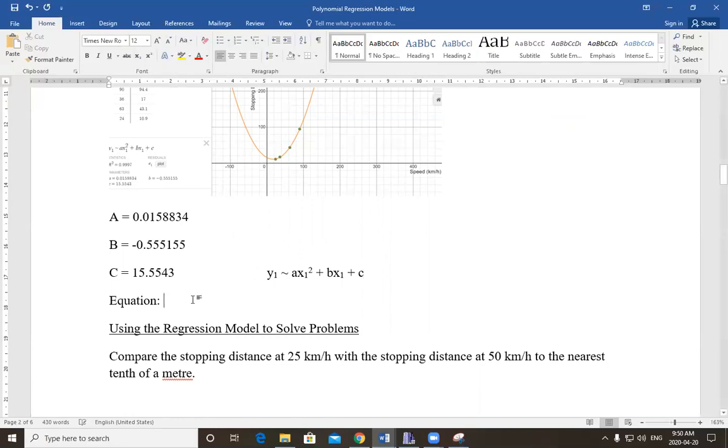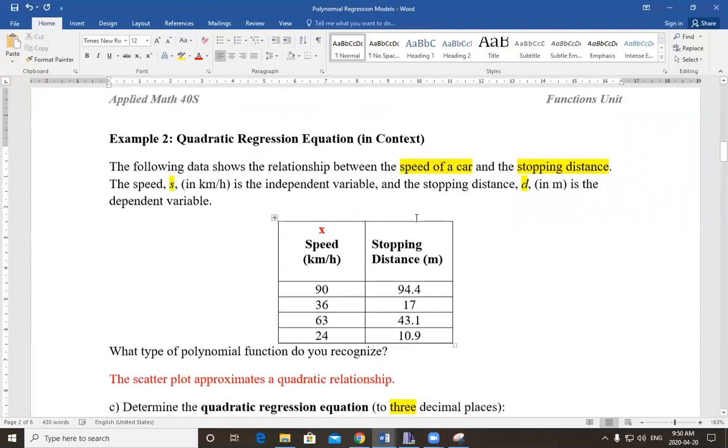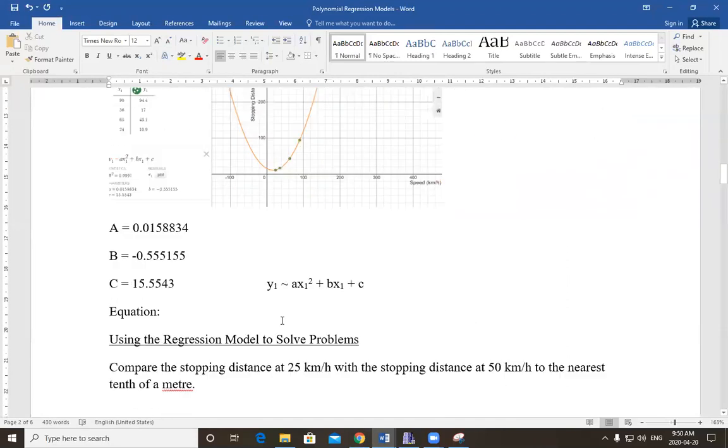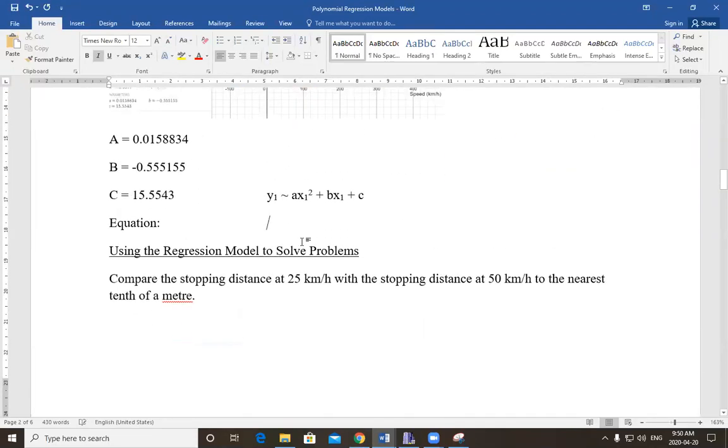So then for our equation, instead of y and x, we have to use our contextual variables. Our y is the dependent variable, which is stopping distance d. So d would equal a. We want 3 decimal places: 1, 2, 3. The 5 is followed by an 8, so 0.016. Okay, that's our a value.